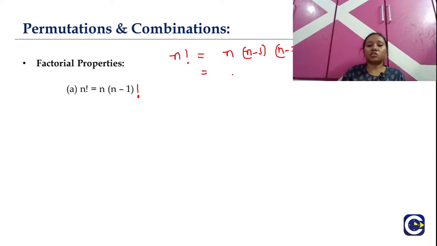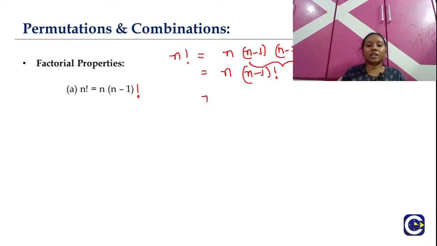So this can also be represented as n into, so from n minus 1 until 1, that is nothing but, can we write it as n minus 1 factorial? Yes, right. So we can represent this entire thing as n minus 1 factorial.